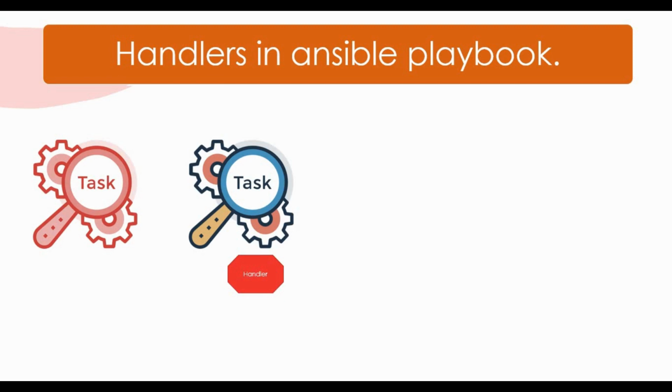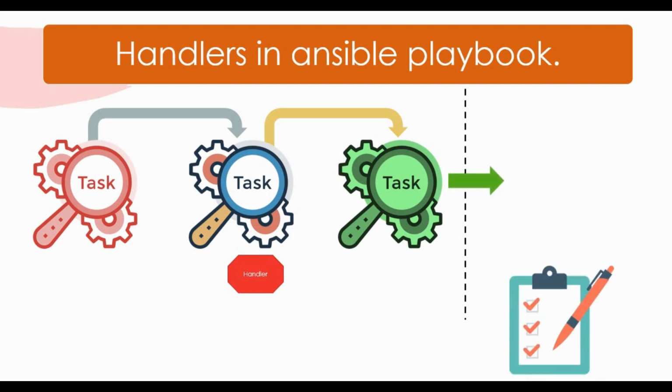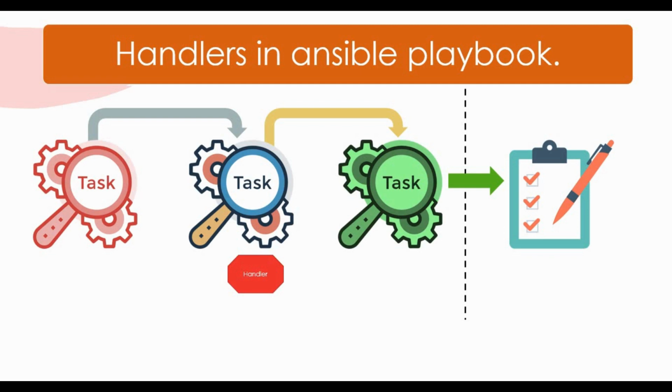When we run the playbook, it will run task 1 first, then go to task 2, and even though there is a notification for the handler, it will not run the handler task. It will go to task 3 and complete it. It will complete all the tasks first, then check for the handlers. Once all the tasks are completed, it will run the handler task.